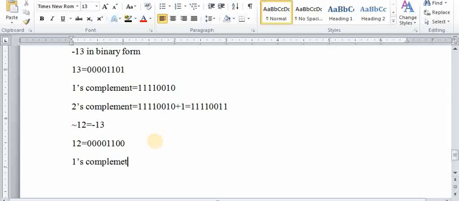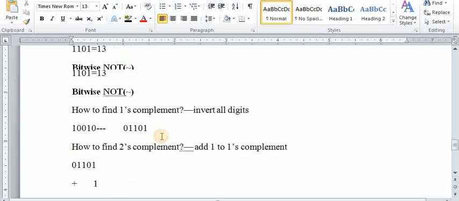The 1's complement will be 1 1 1 1 0 0 1 1. It means that not 12 is equal to minus 13. So this is about the Bitwise Not Operator.